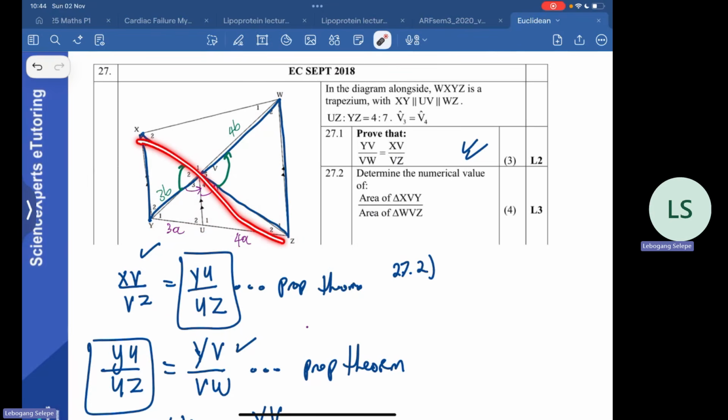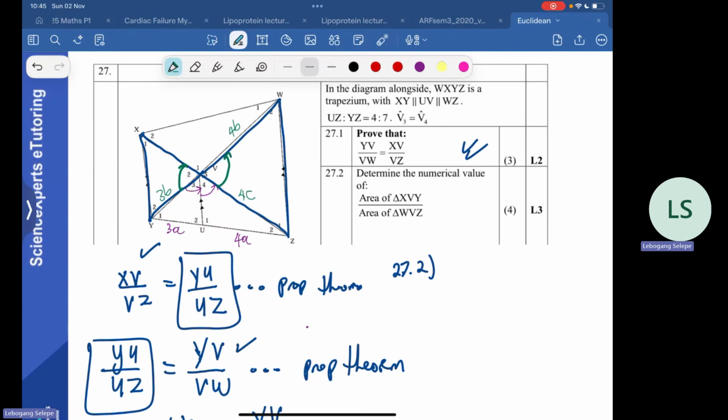So 4a would correspond with that one, so I can call it this one 4c, and 3b would correspond with that one, I can call that one 3c, right? So just to like find the other sides using letters.